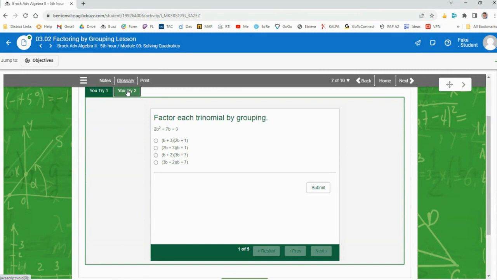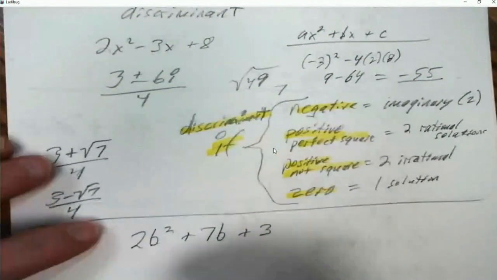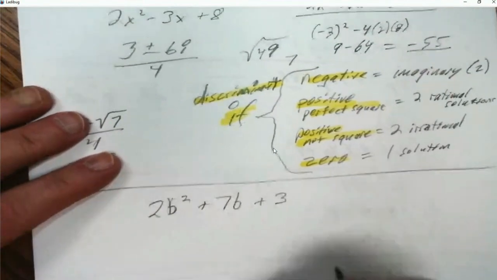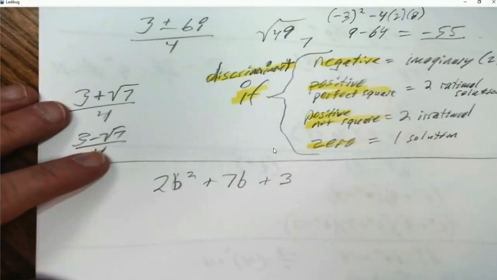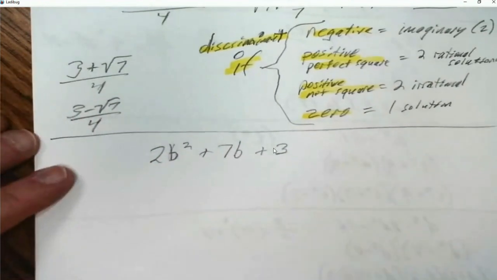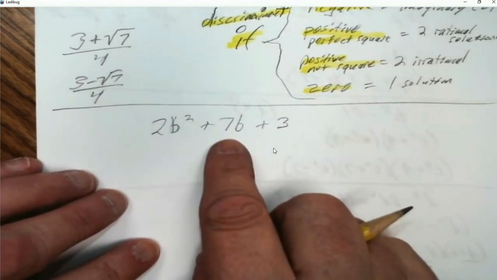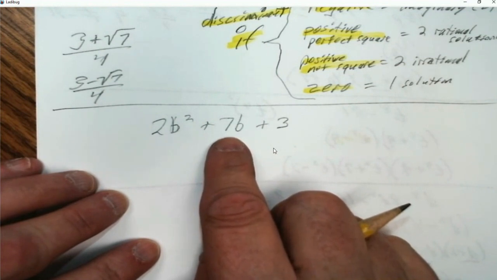2b squared plus 7b plus 3. All right. If we're going to factor this by grouping, what we're looking at is rewriting this to where we're going to change the 7 to something else that we can use for grouping.